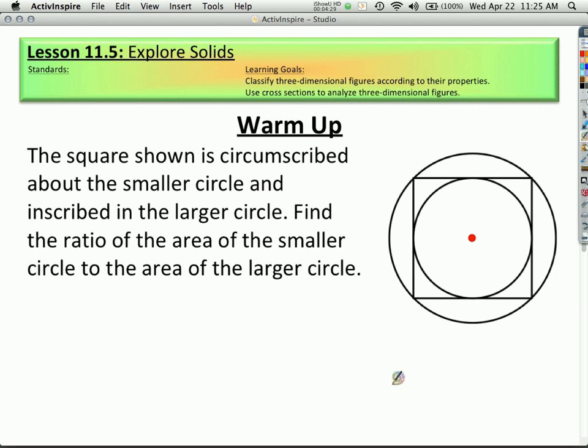Well, my ratio is variables, and for every circle, if you circumscribe, like this, a square inside of it, the square. Inside means inscribed, circumscribed means outside.